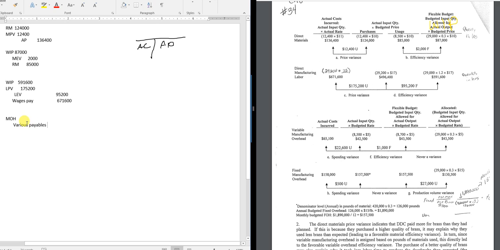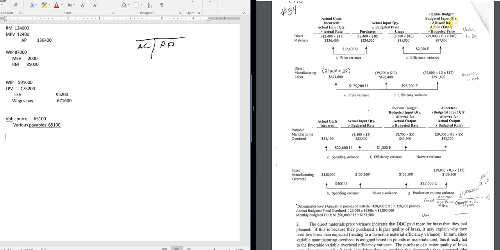Okay, so let's look at our actual. Our actual is 65,100, and our various payables are 65,100. Okay, that's for variable. So I should have put variable overhead there. And I know they do control. Okay. Again, I would probably throw these all in one account, but they don't. I'll do variable overhead, then I'll do fixed overhead.